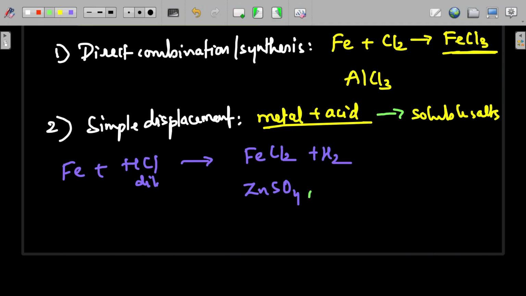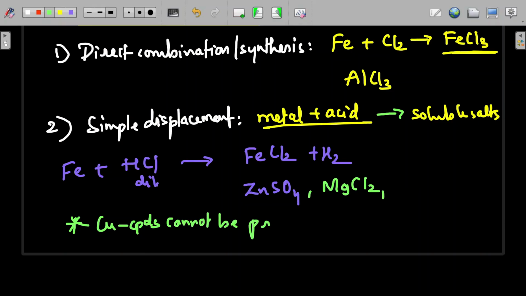Other active metals, like you have magnesium chloride. Copper compounds you cannot use simple displacement. Remember, copper compounds cannot be prepared. Why? Darshwana, can you tell me why copper compounds cannot be prepared by this method?